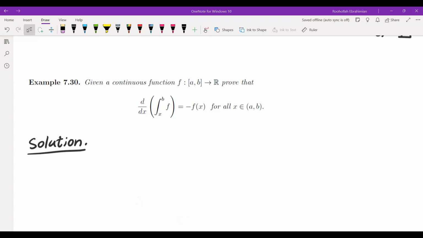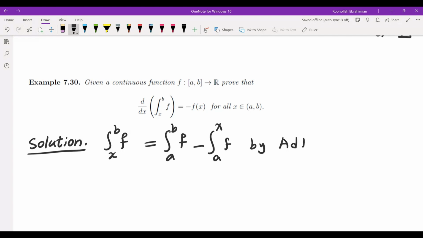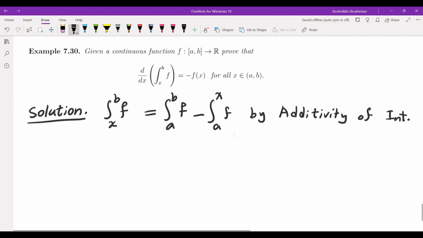So here's what we're going to do. If you look at the integral from x to b of f, by additivity, this is the integral from a to b of f minus the integral from a to x of f. This follows from additivity. Now take the derivative.